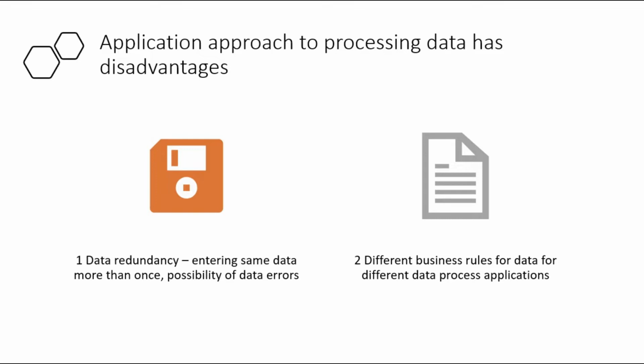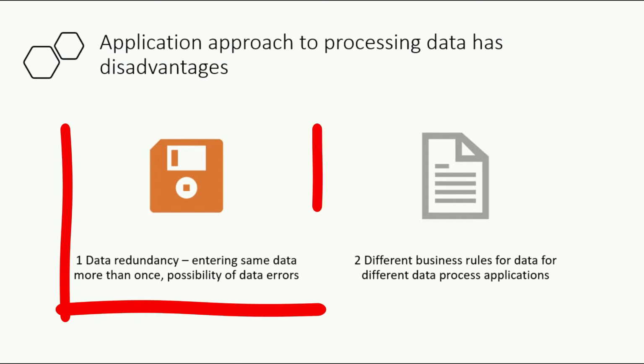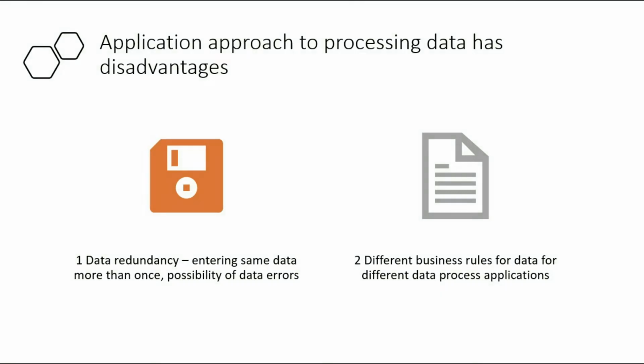The application approach to database management has two disadvantages. The first disadvantage is data redundancy. That means because the application approach maintains separate master data files, a data field could be entered more than once into a given database.